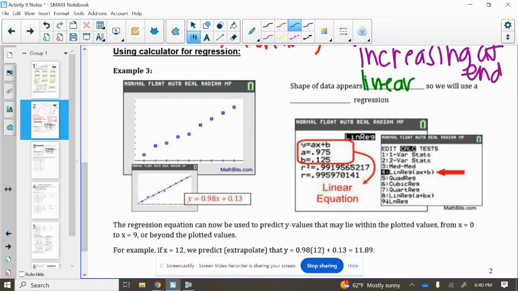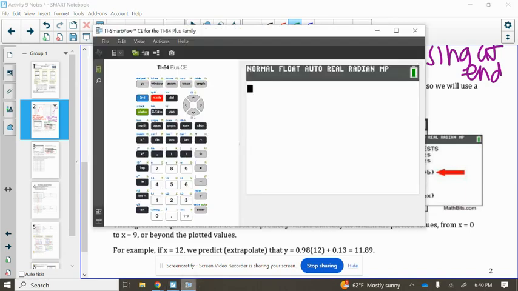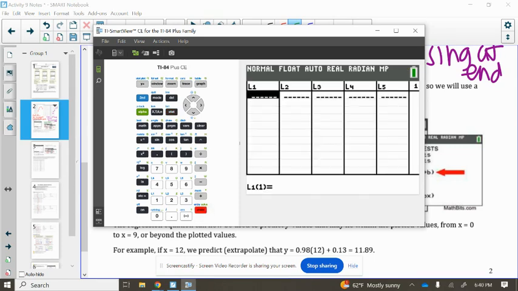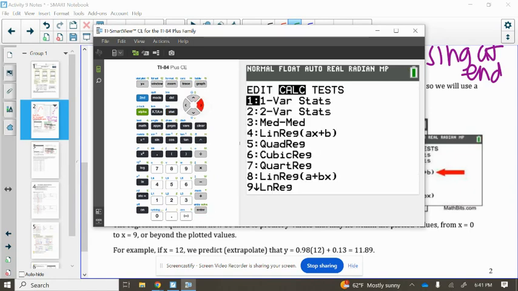This is looking kind of like a line that's increasing. So we would use a linear regression to best fit this data. So to do that, we would take the data points that they are giving us, go under the stat menu, calculate list 1, list 2, and then go back under the stat menu to calculate, in this case, option 4, a linear regression.